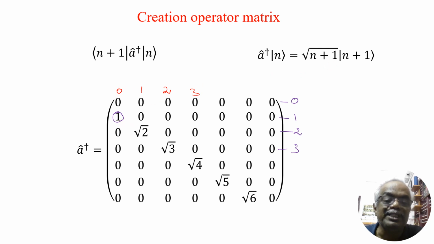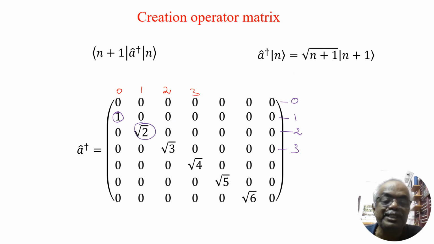Similarly, when n equal to 1, this is the second row, and n equal to 1 is the first column. The ket vector is 1, first column. So it will be square root of 1 plus 1, square root of 2. So it will go on like this.